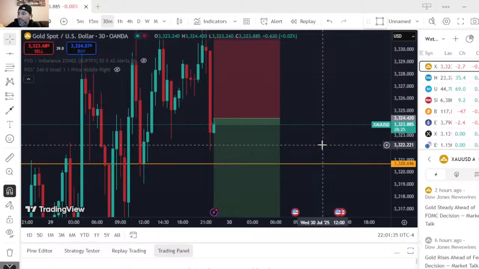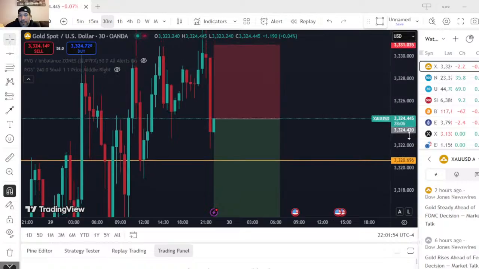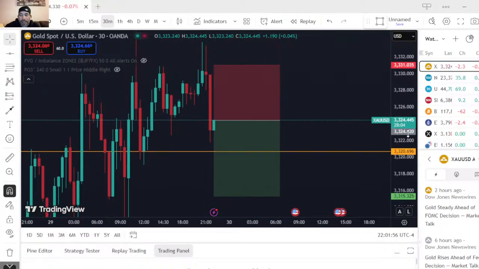Oh, there it goes. All right, I'm gonna set up my trade. Yeah, I took a sell. That was an impulse sell. It started dropping right away, but yeah, I'm gonna hold it right here.